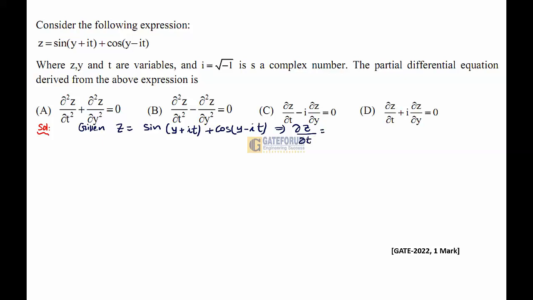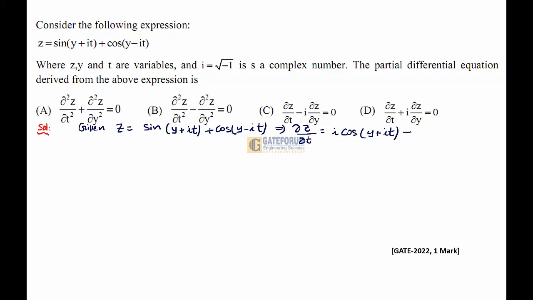With respect to t, partial derivative means y constant. So sine derivative is cos, cos derivative is minus sine, and it is now the variable, y is constant. So it derivative with respect to t means i, where i is a constant multiplier. So this gives i times cos of (y plus it), and cos derivative is minus sine, and minus it derivative with respect to t is minus i.